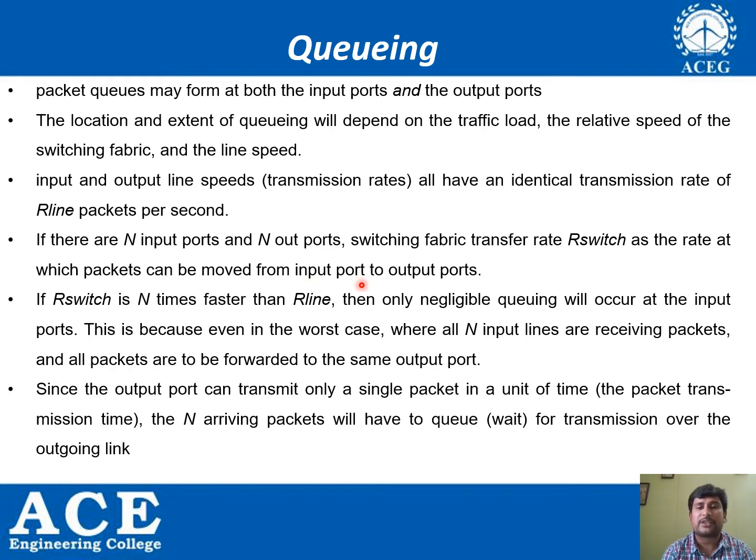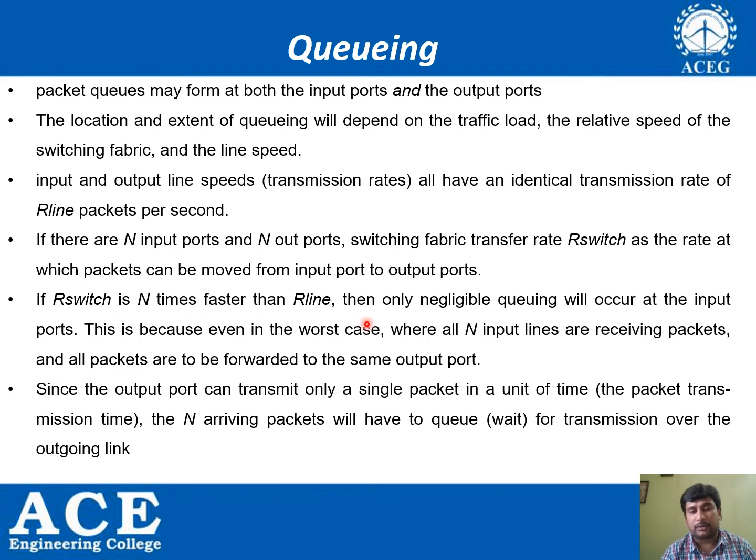So what are we assuming? The input and output ports are n in number, their line speed is R_line, and the switching fabric speed is R_switch. Now for n input and n output ports, R_switch is assumed to be n times faster than R_line. If R_line is equal to 1 and the number of input ports is 3, then our switch speed is 3 into 1.